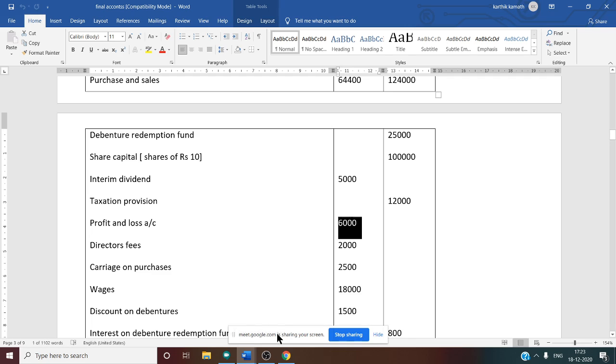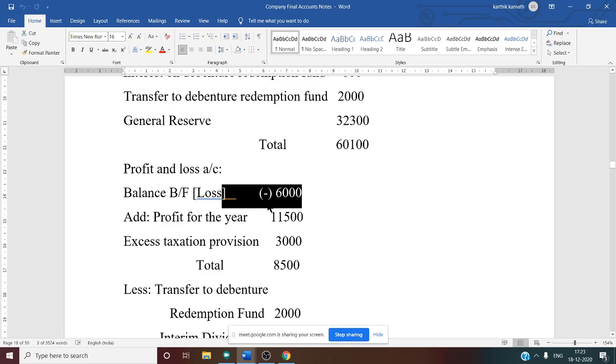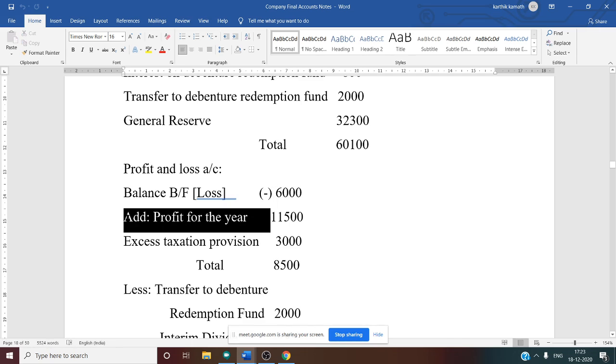So now loss information, see this, balance brought forward, loss information 6,000 directly from the trial balance we have taken, and it is a negative information, that is why it is written in the bracket, that is minus symbol is taken. Now add to this, you have to add profit for the year.